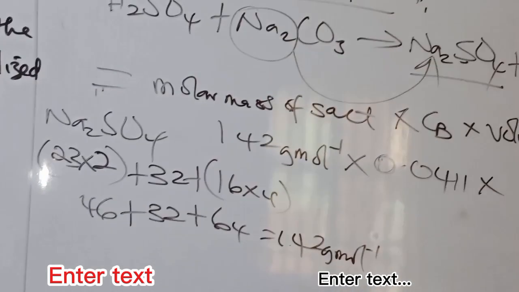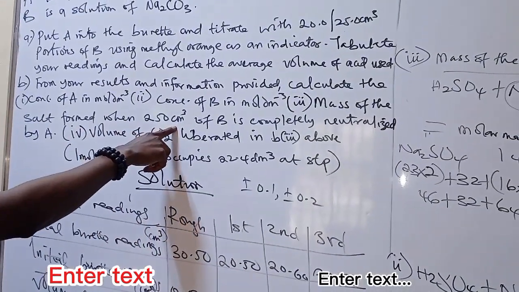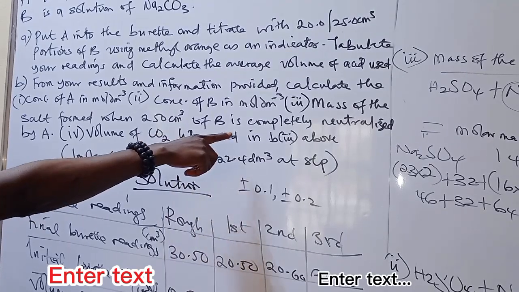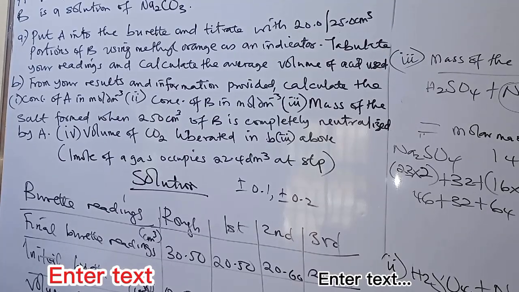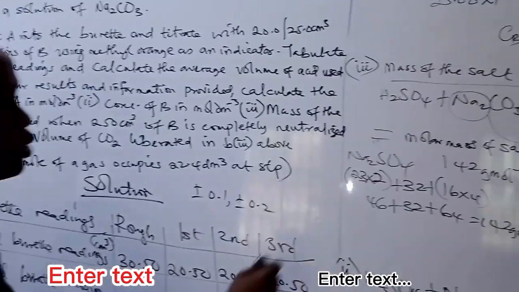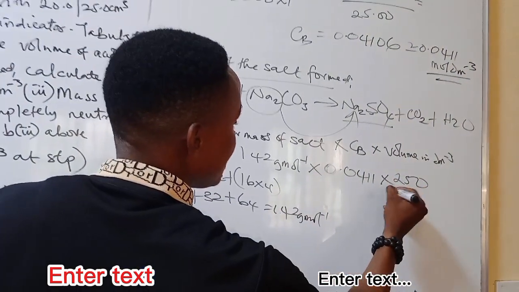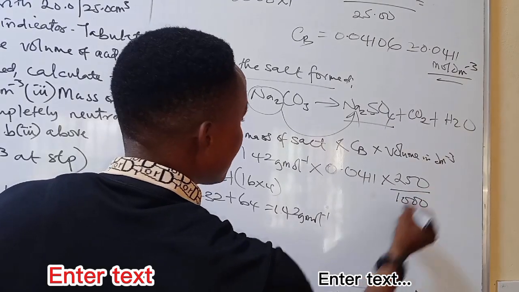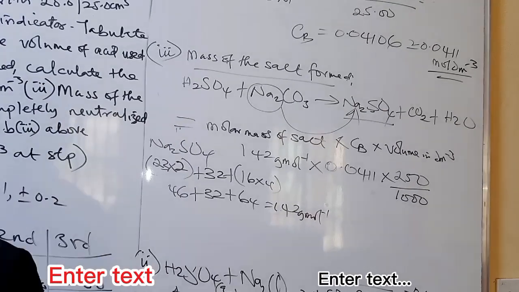Remember that the volume given is for the mass of the salt when 250 centimeters cube of B is completely neutralized. So here, the volume is 250, so we'll have multiplied by 250 divided by what? 1000. Divided by 1000.